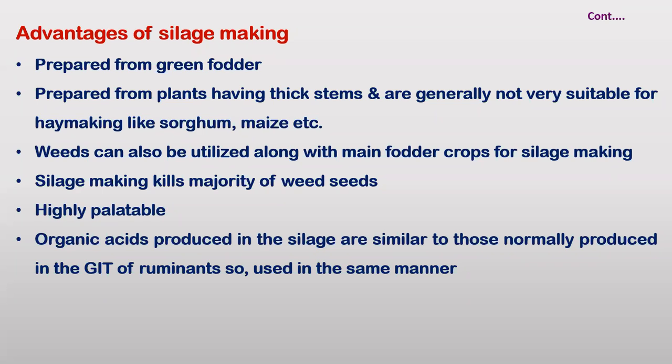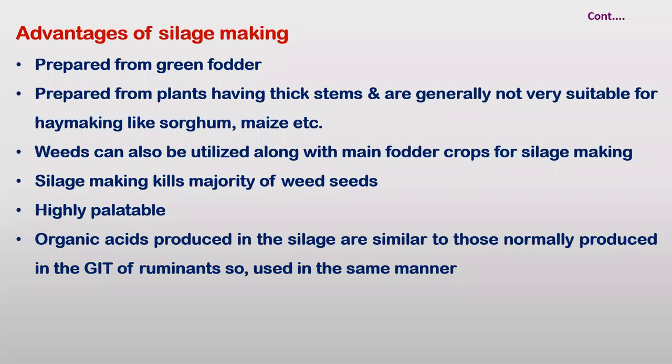So there is no wastage of the feed, and animals like it very much when we offer the silage feed. And the organic acids produced during silage making are similar to those normally produced in the GI tract of the ruminant especially, and so they are used in the same manner as green fodder.